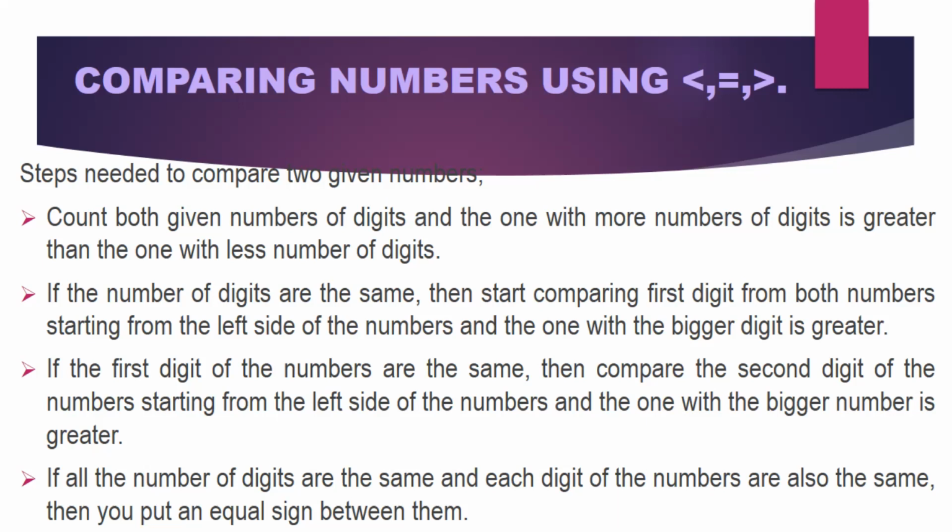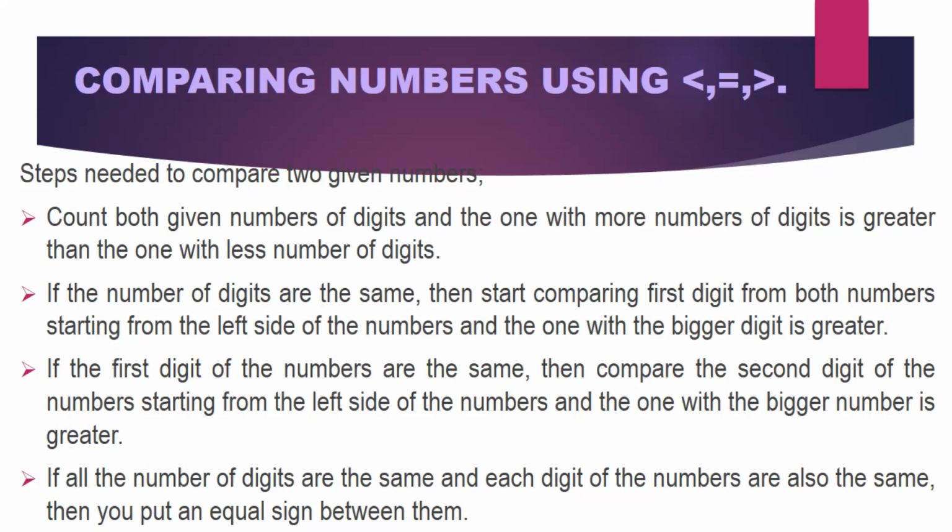The first thing that you have to do before you can insert the comparison symbols like greater than, less than, or equal to is to count both given numbers of digits, and the one with more number of digits is greater than the one with less number of digits.